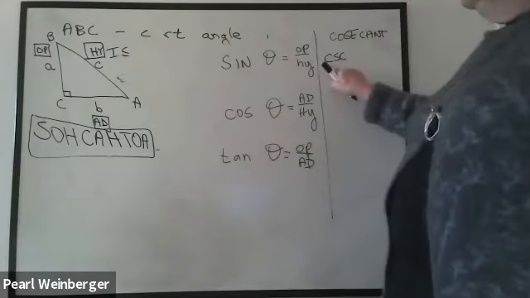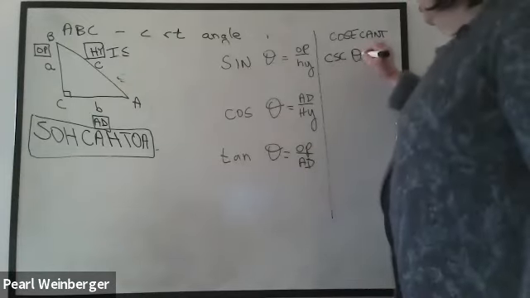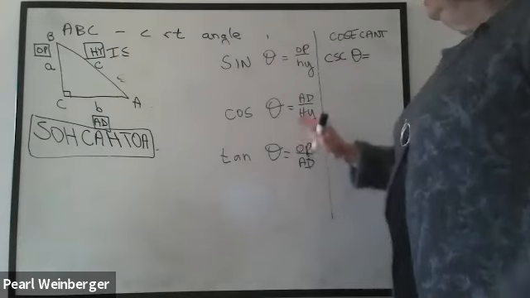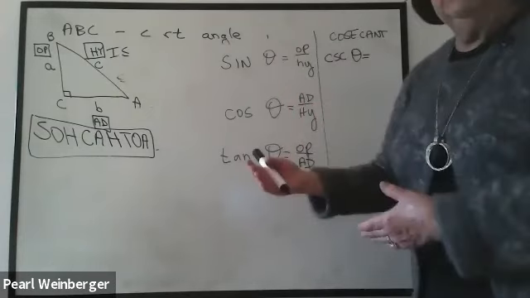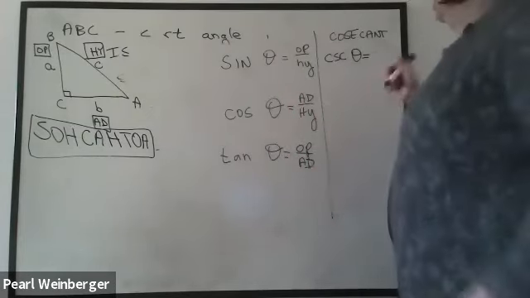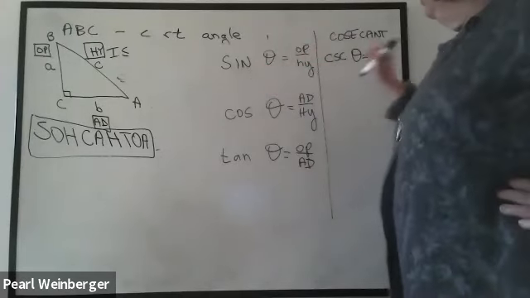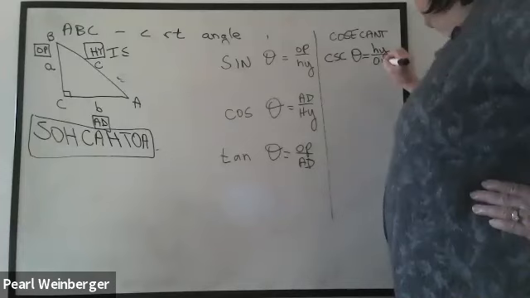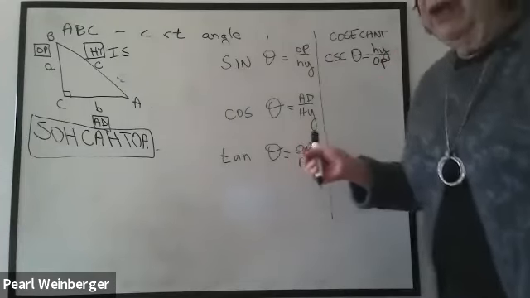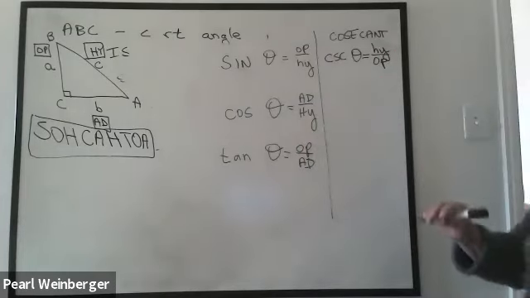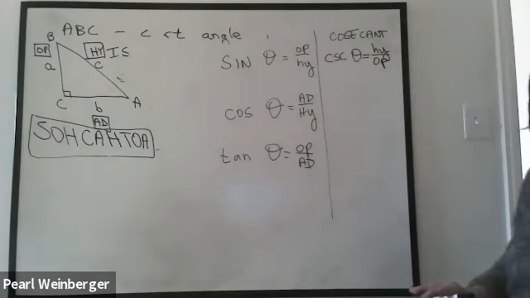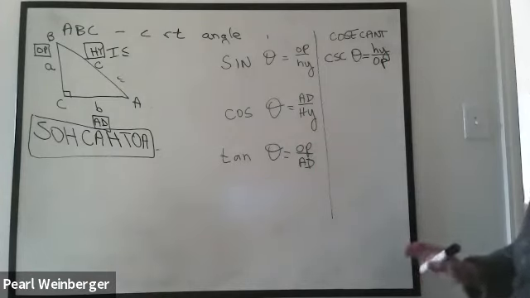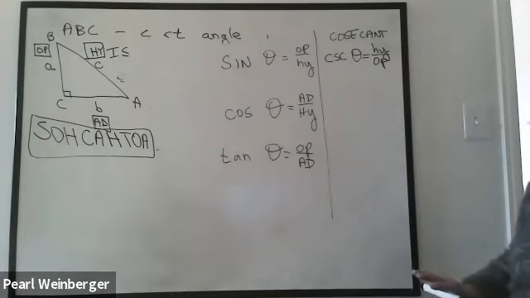So we abbreviate it CSC. The cosecant of theta is the reciprocal of the sine. If the sine is opposite over hypotenuse, the cosecant is hypotenuse over opposite. In other words, if I tell you that the sine of an angle is 3/5, then its cosecant is 5/3. It's just the reciprocal.